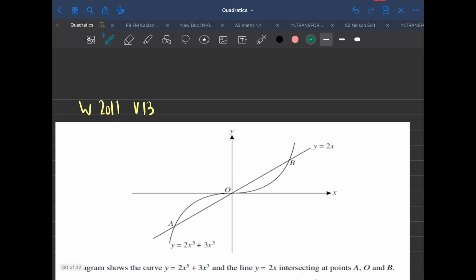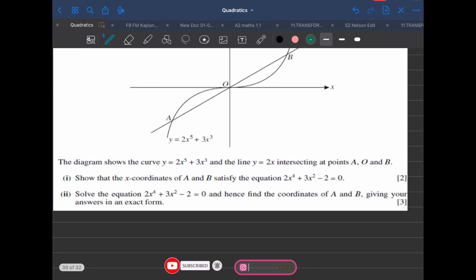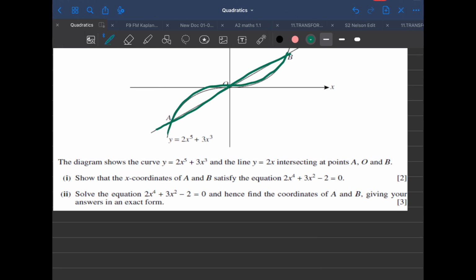Let's practice more. So this is a question given to us. It says show that a and b satisfy the equation this one. Okay, so I can see that this line and this curve is intersecting at a and b. And what did I tell you about intersection?